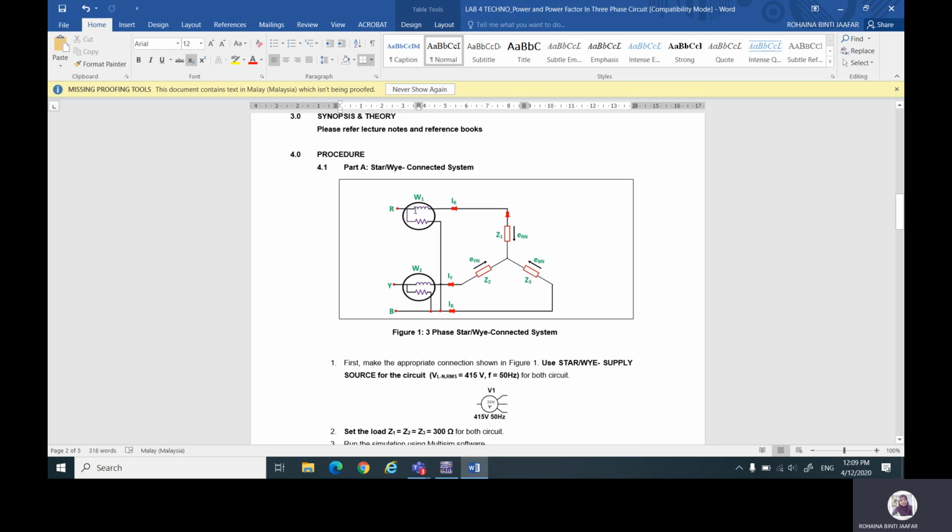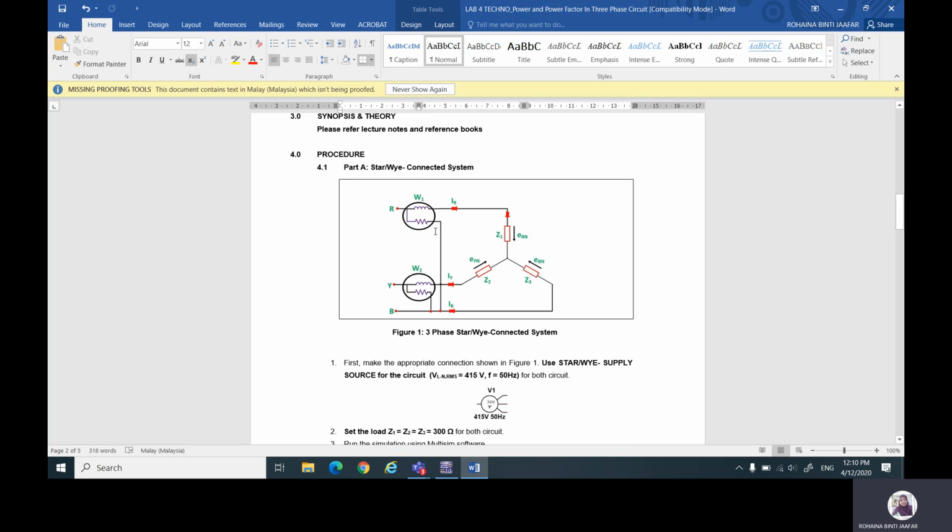The inductor circuit is actually where you measure the current in series, and the resistor is your voltage measurement connection. So for wattmeter 1, you have to measure the current through the red phase.